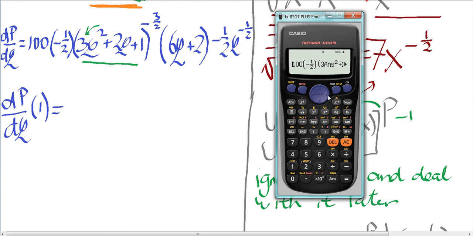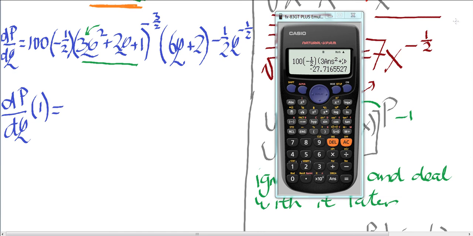Get back out on the main line. Another bracket, 6 answer plus 2, all minus another fraction, 1 over 2. Get out of that. Answer up to the minus 1 over 2. A lot of typing, but it's worth it, because it's mistake proof.